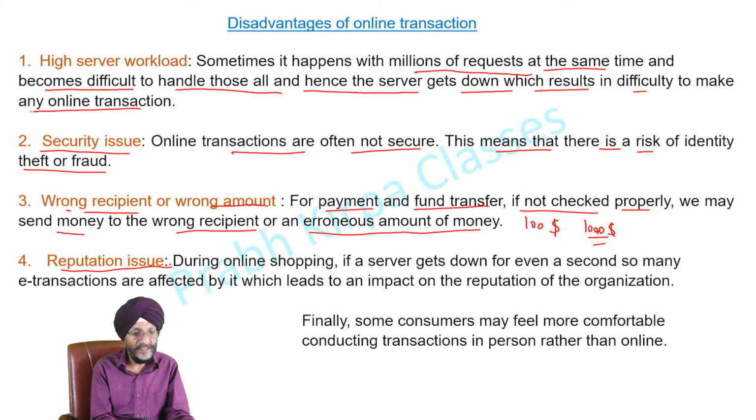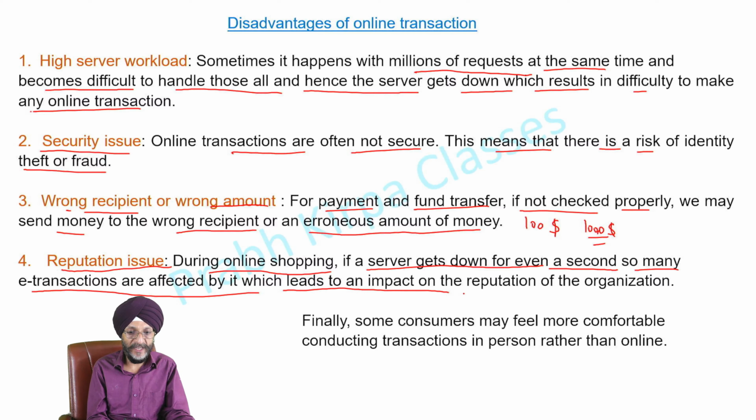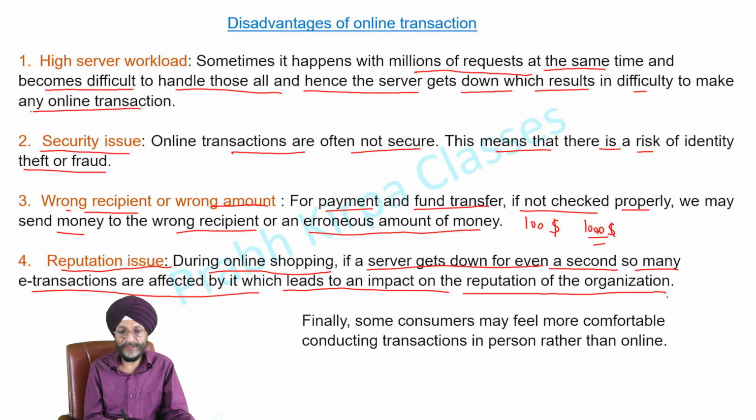Next drawback is reputation issue. During online shopping, if a server goes down for even a second, so many e-transactions are affected by it, which leads to an impact on the reputation of the organization.